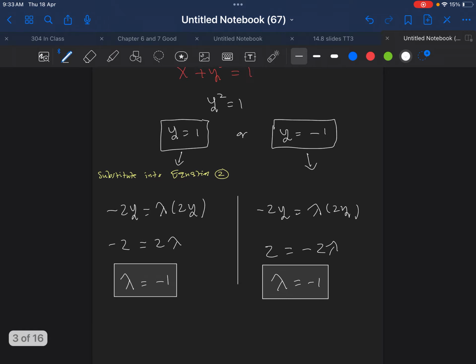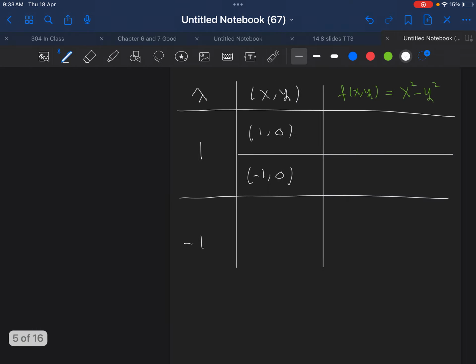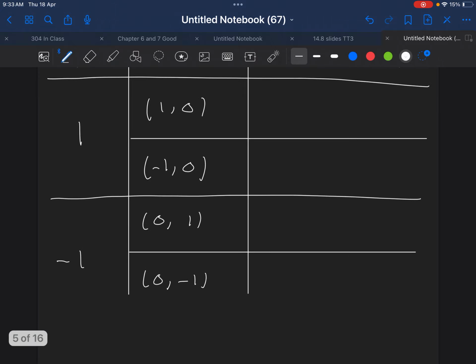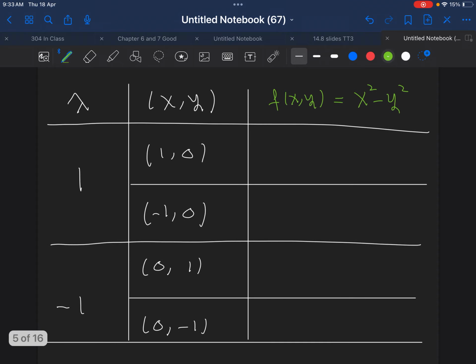The second one, lambda minus 1, x is 0, y 1, or 0, negative 1. This is the table that we need to fill. Okay, if we fill this table, this will be 1, 1, and this will be negative 1, negative 1.